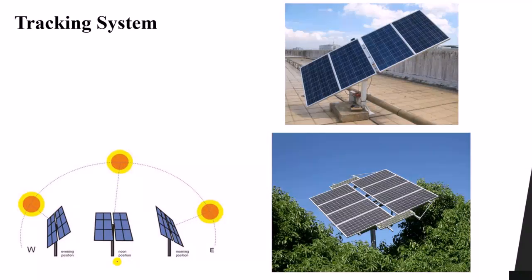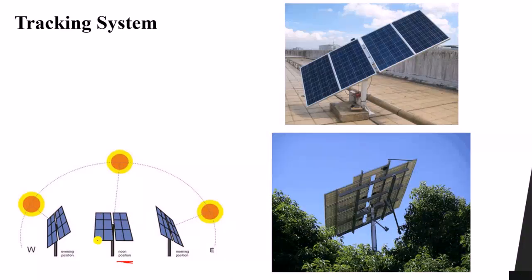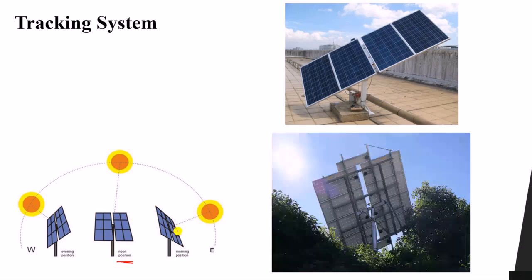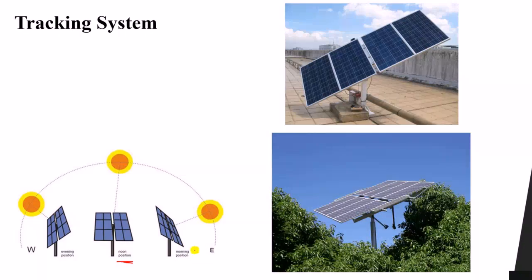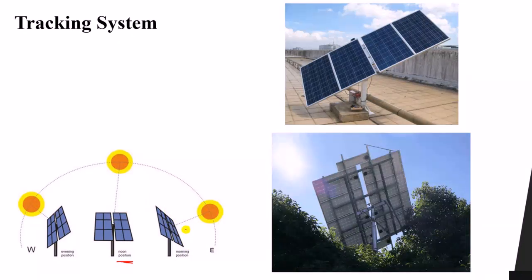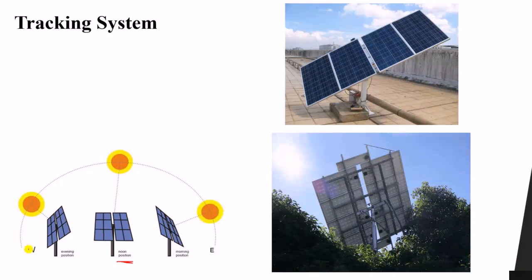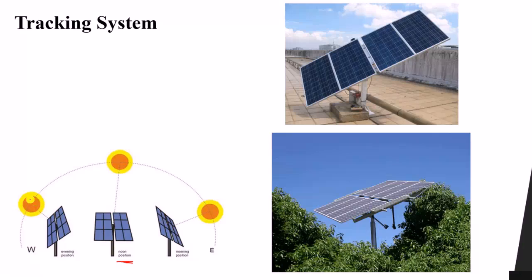As an example, at noon here, you will find that we have sunlight directly on the panels. Then at morning position, we turn the panels to the right in order to face the sun, and at evening we turn it to the left to face the sun.